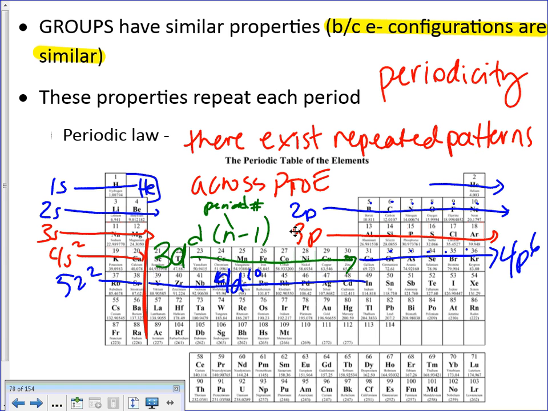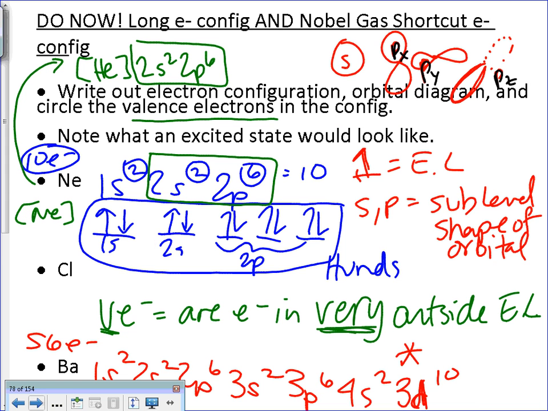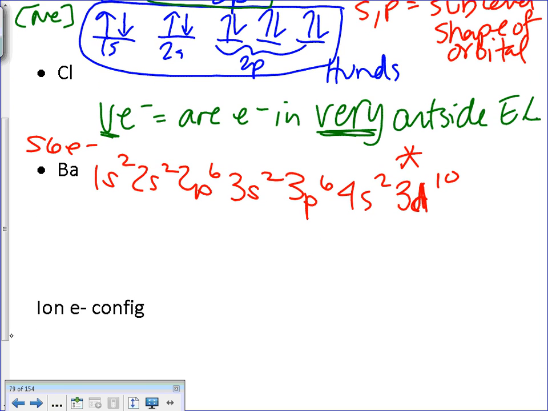And then 5p6 to jump back to the fifth energy level. Finally, we're down there. The barium, 6s2. On yours, you have 3d10, 4p6, 5s2, 4d10, 5p.